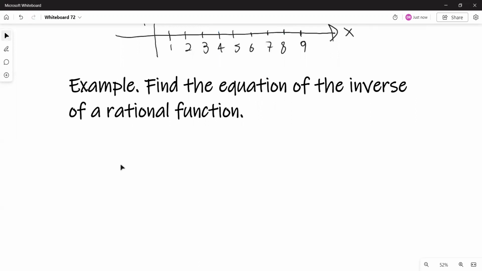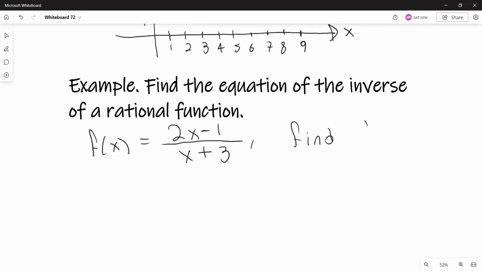So our function is going to be f of x equal to 2x minus 1 over x plus 3. We're going to find the inverse, and we're going to determine the domain and range. So this type of rational function is one-to-one.